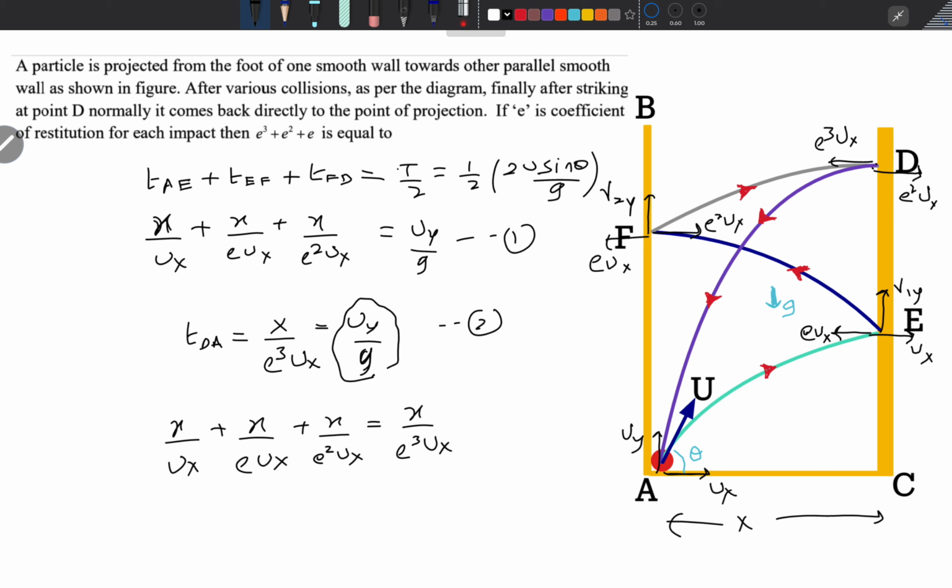So x by ux will cancel out, giving 1 plus 1 by e plus 1 by e² equals 1 by e³. Multiplying through by e³, this will become e³ plus e² plus e equals 1. So your answer should be equal to 1.